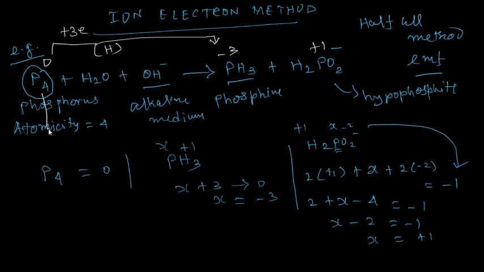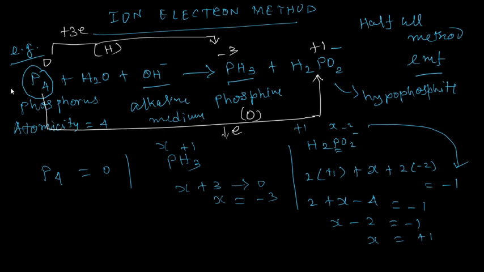And from P4 to H2PO2 minus, it undergoes oxidation because there is an increase in the oxidation number. In other terms, we can say addition of oxygen, because O2 is added here. In those terms also we can say it is oxidation. So plus 1 electron is being removed. So this is the basic concept to be adopted in the ion electron method.